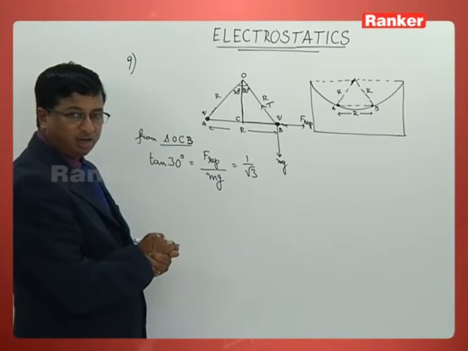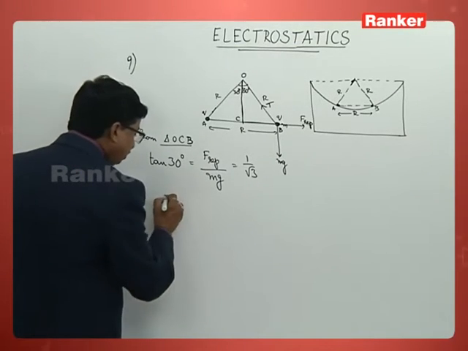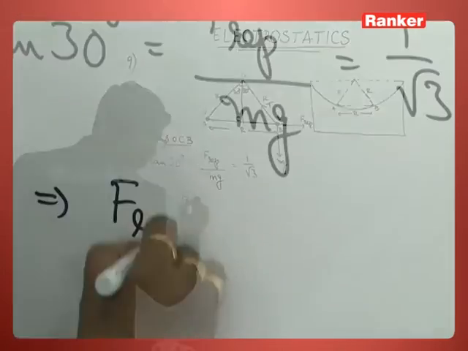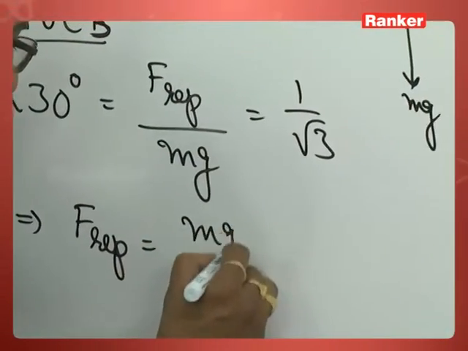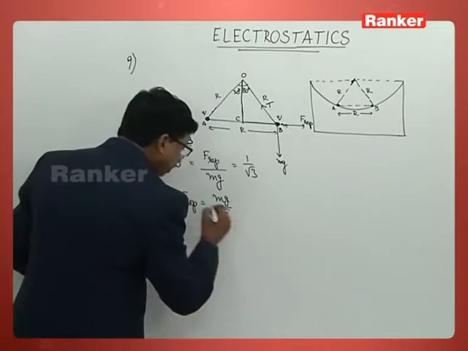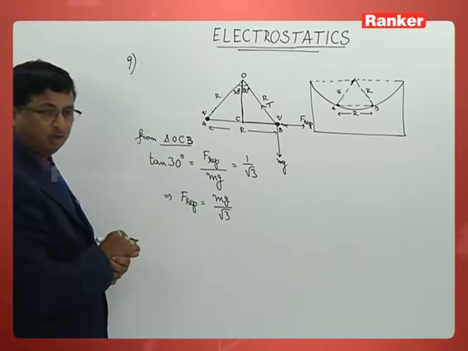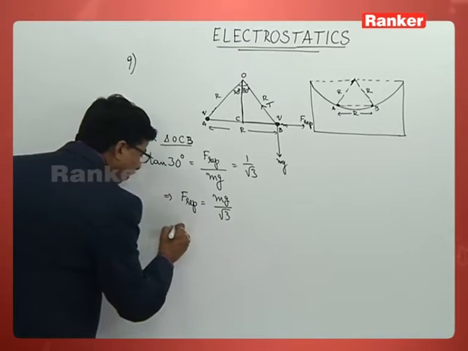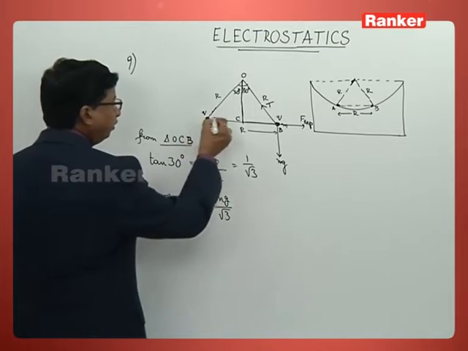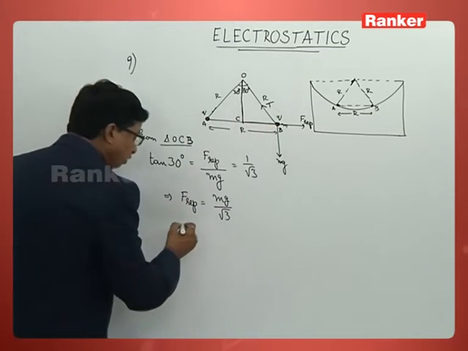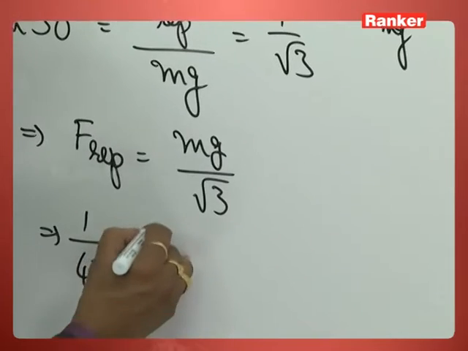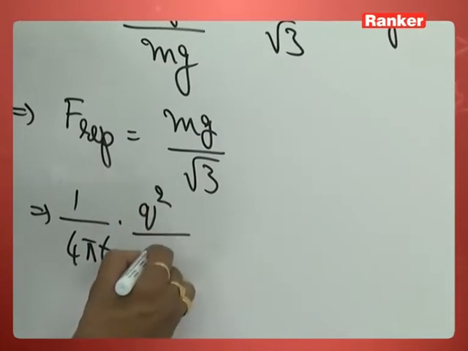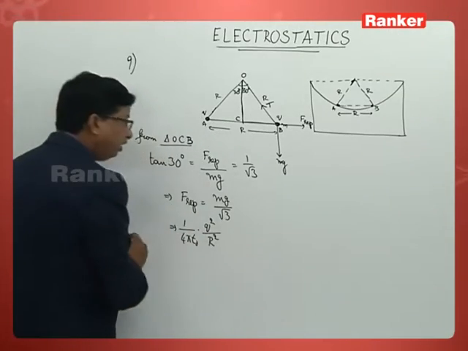So what can we write now? You can write that F of repulsion, that is repulsive force between the beads, is equal to mg by root 3. Now first let us write what is the formula for force of repulsion between these two. What is the formula? 1 by 4 pi epsilon naught Q1 Q2 by R square.